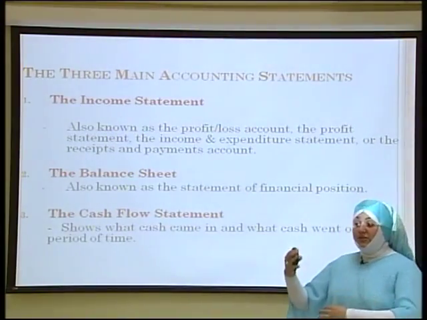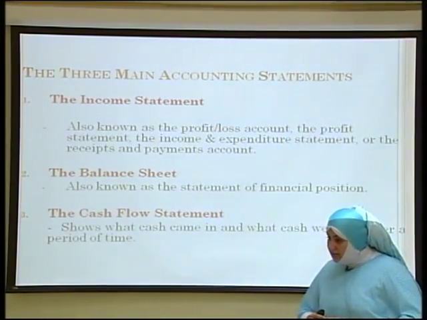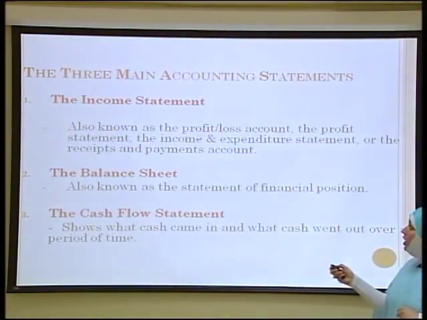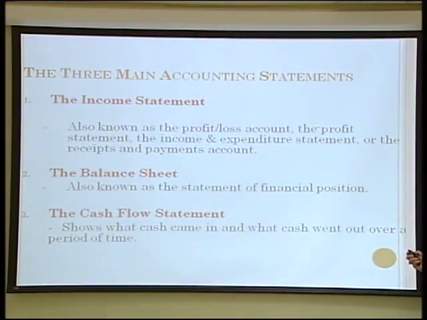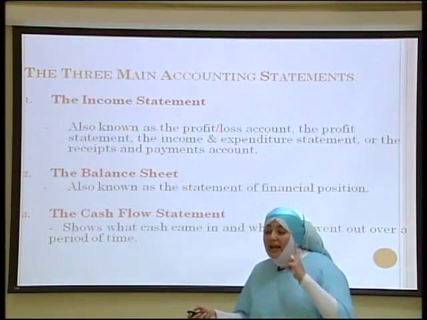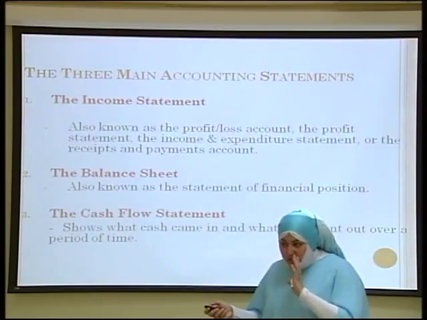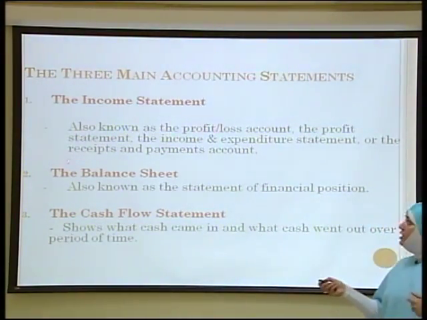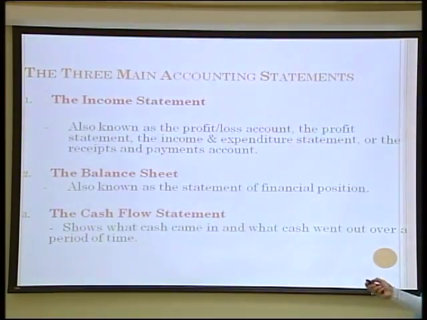If the revenues are less than expenses, then the company is incurring losses. For this reason, they call it profit and loss account, the profit statement, the income and expenditure statement, or the receipts and payments account. The receipts and payments account is used in case of cash-based accounting. But otherwise, when we use accrual-based accounting, it's usually the income statement.